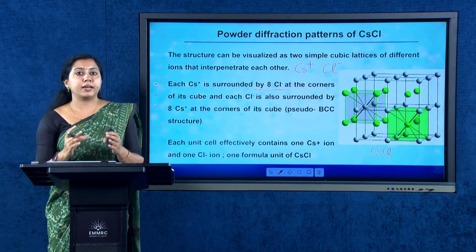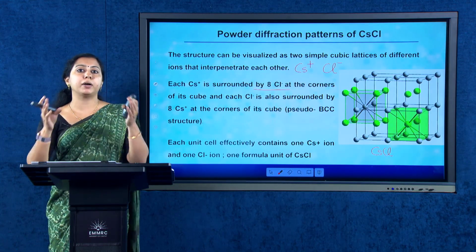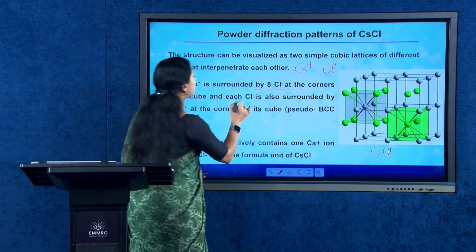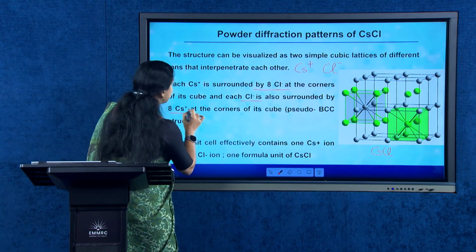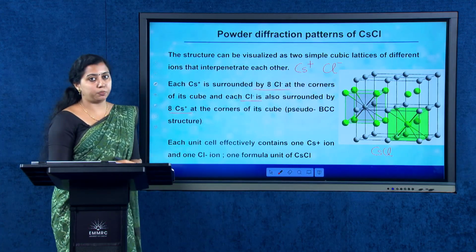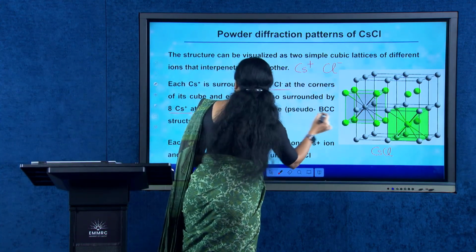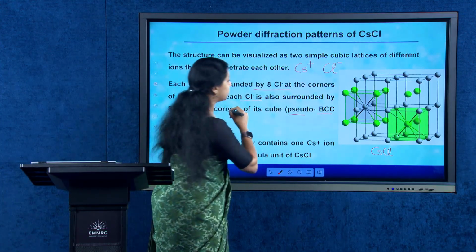It may feel like the Cs plus ion, the cesium, is at the body center, surrounded by 8 chloride ions at the corners. Similarly, each chloride ion is also surrounded by 8 cesium ions at the corners of its cube, and it may give rise to a BCC structure, or we may call it a pseudo BCC structure.